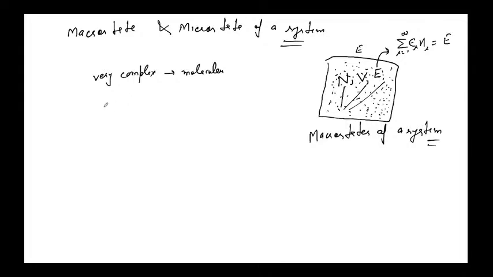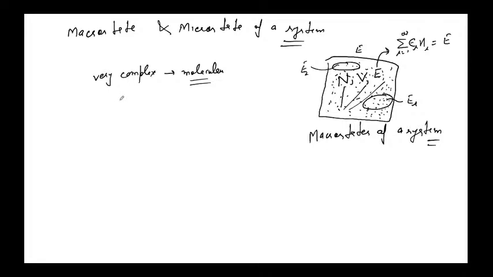Here there exists a large number of possibilities via which this energy E can be distributed over a large number of particles, that is N. So in practice we cannot say that a given molecule has this much energy, so we cannot differentiate that. For example, a fraction of these molecules have energy E1, and another fraction of molecules have different energy E2. So it is quite difficult to differentiate how many particles are at a particular energy value.